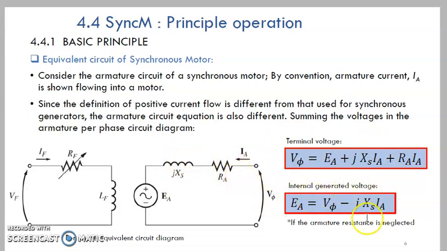The internal generated voltage is equal to V phase minus the drop at your armature. Here the armature resistance is neglected, so you don't have RA, IA, and what remains is only XS here.